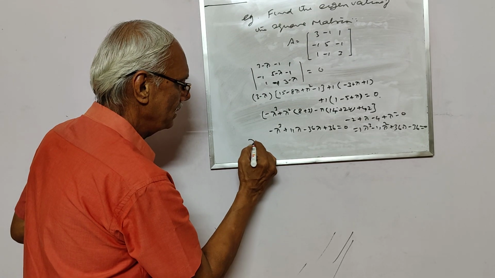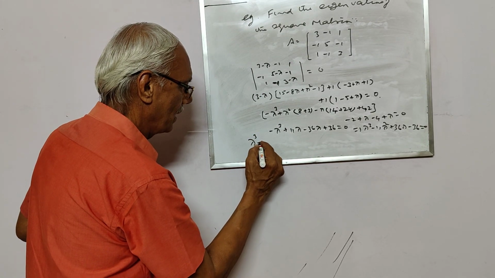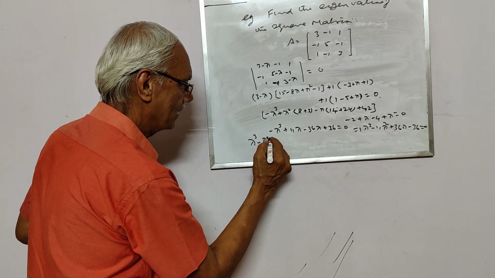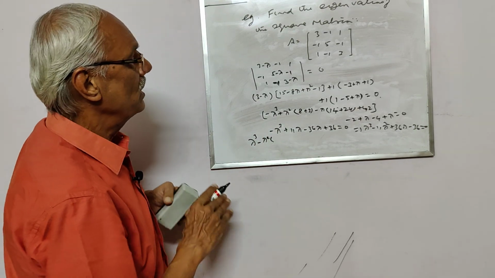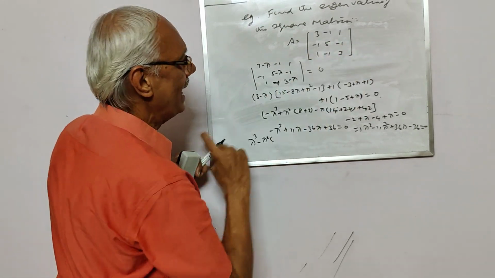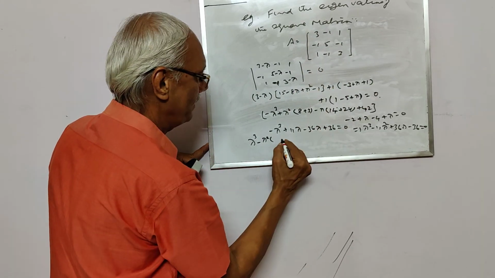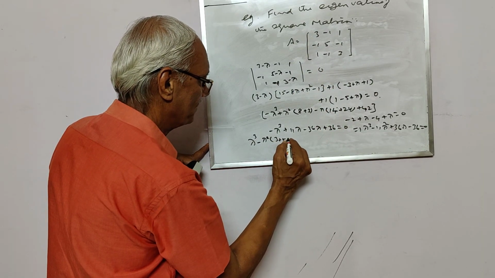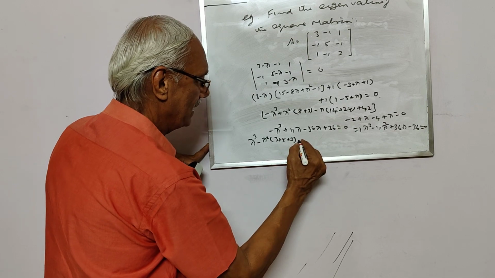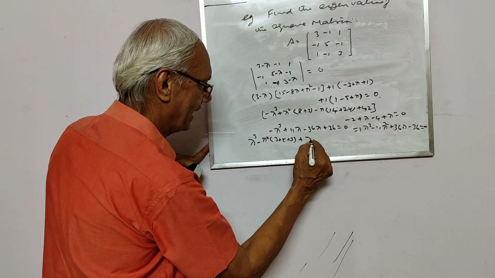So you start with lambda cubed minus lambda squared, then come to this, add the diagonal elements, 3 plus 5 plus 3, that is 11, then alternately plus lambda.